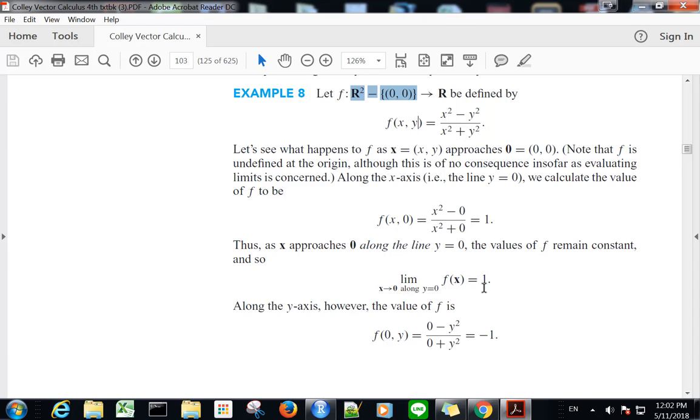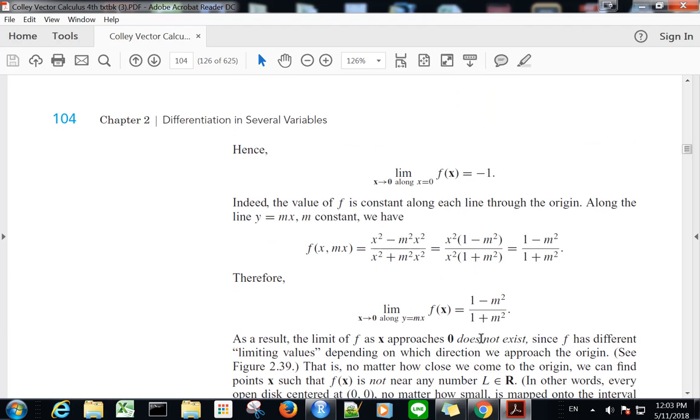However, now let's consider a different path, along the y-axis. On the y-axis, x is 0, so the x terms are 0, and you get minus 1. So coming in along the x-axis, you always get 1, but coming in along the y-axis, you always get negative 1.